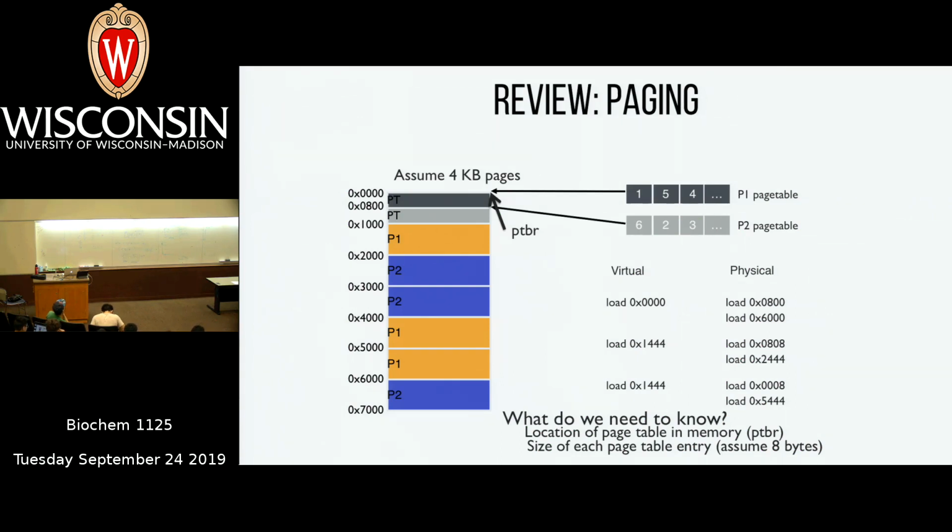We find out that the mapping tells us that VPN 1 maps to PPN 5. So we just replace that portion of our address, append our offset from our virtual address to our physical address, and this is the physical address that we have now generated, 5444. That's where we do the load from in physical memory to get the data that this process wants.